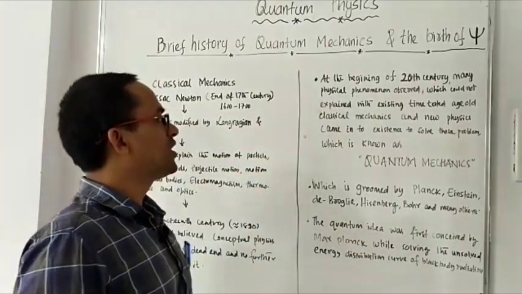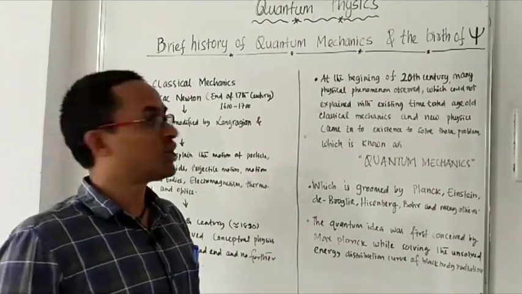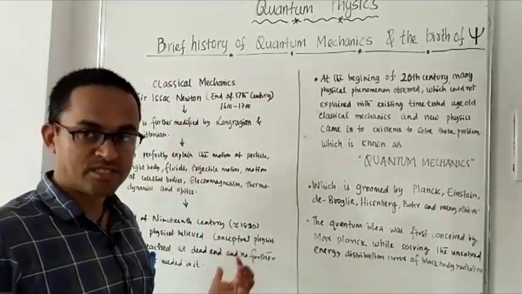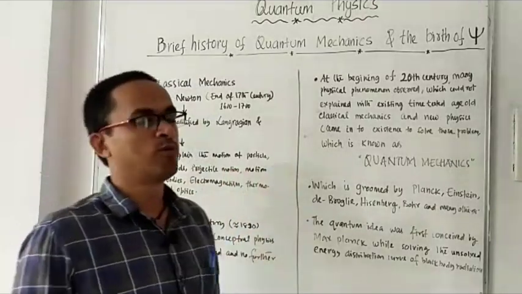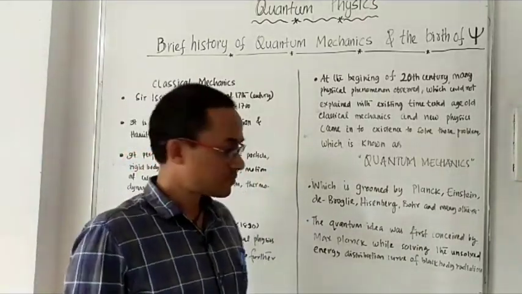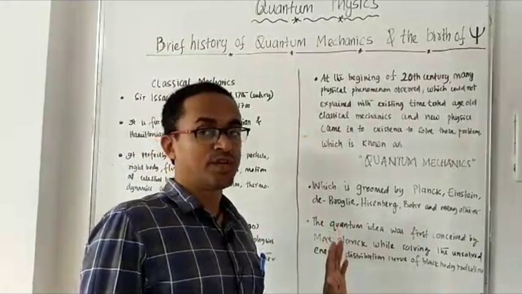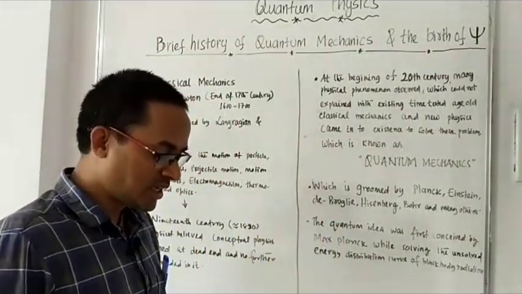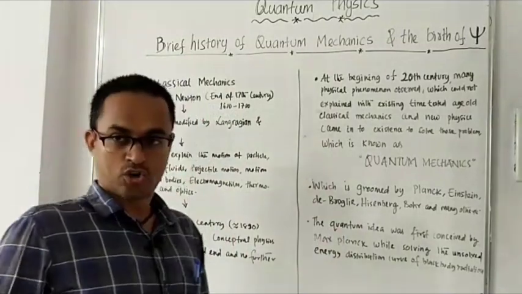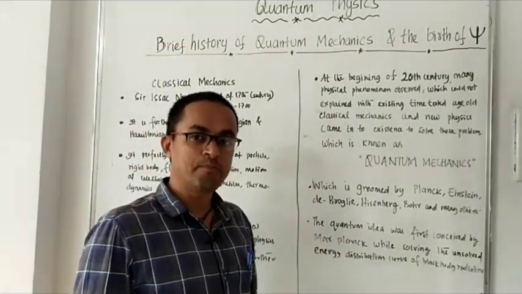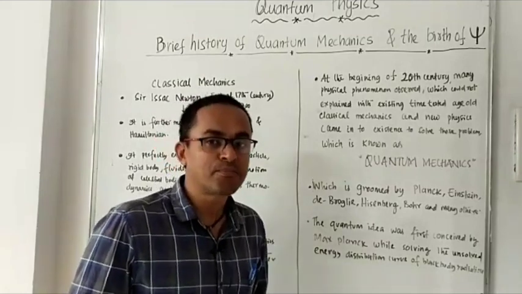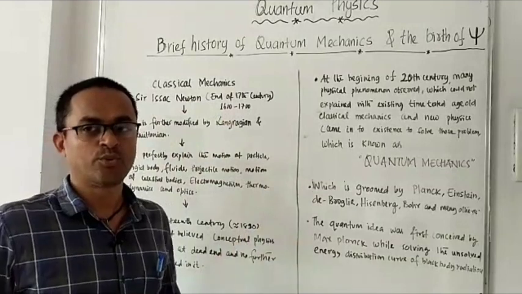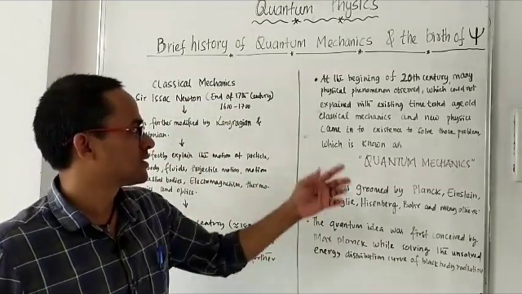In the 20th century, many physical phenomena were observed which could not be explained by the time-tested, most faithful classical mechanics. At the beginning of the 20th century, classical mechanics got a shock, because for the first time physicists failed to explain some physical phenomena using the age-old classical mechanics.